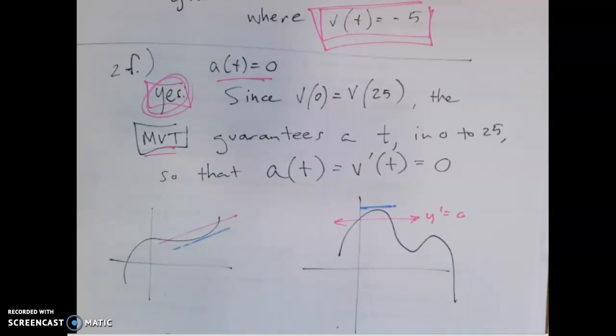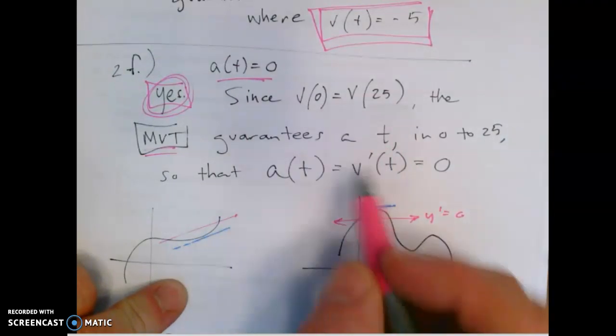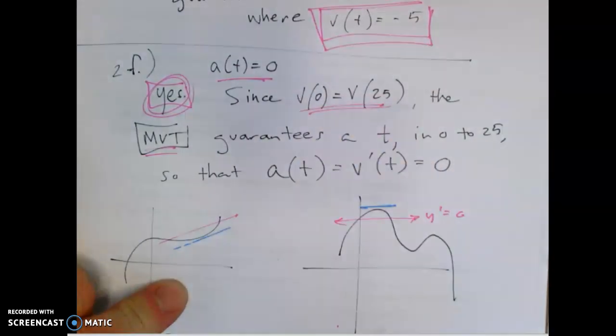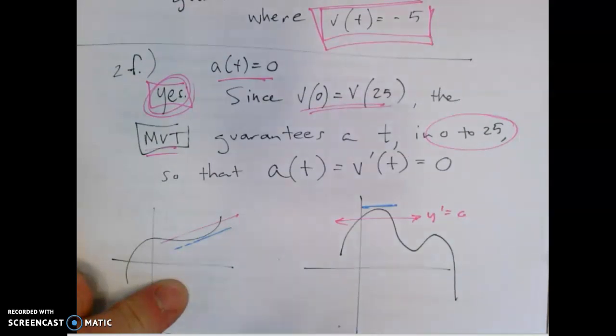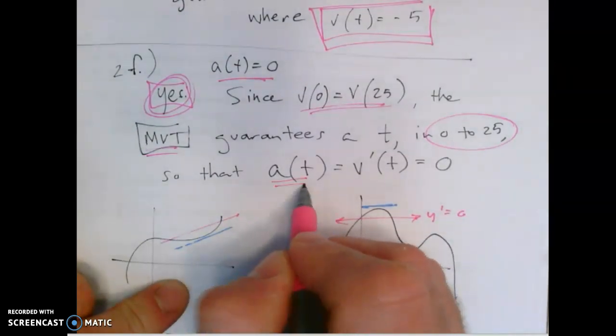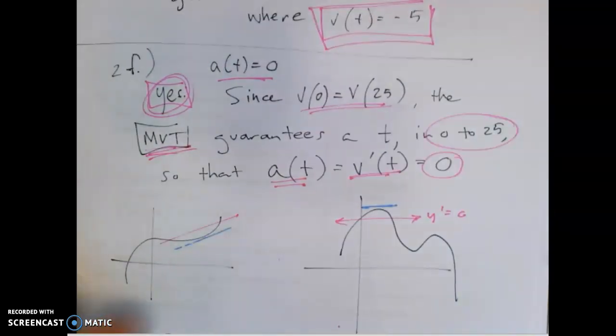So I don't need to use the term Rolle's theorem, but this is really Rolle's theorem. And when it says the acceleration is equal to 0, I'm looking for 2 v's that are the same. Well, there are my 2 v's that are the same: v of 0, which is negative 20, and v of 25, which is negative 20. Therefore, somewhere between 0 and 25, there will be an acceleration, which is really v prime, that equals 0 by the mean value theorem.